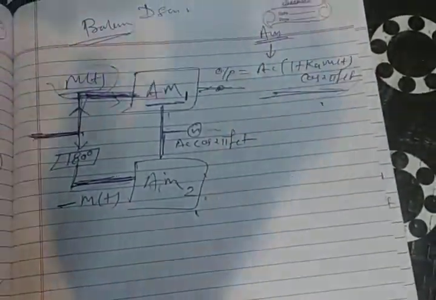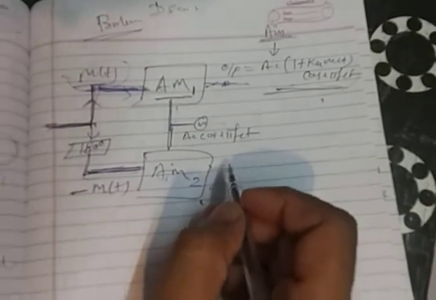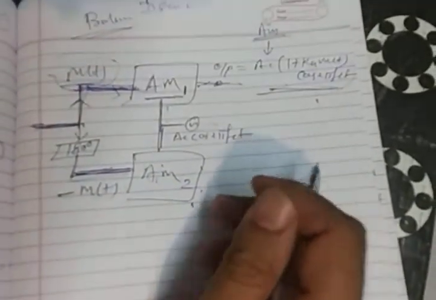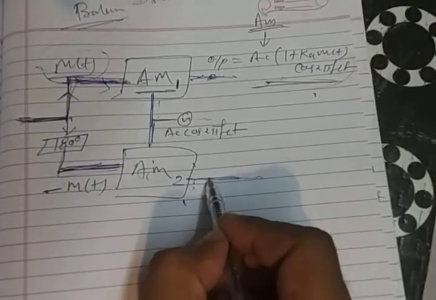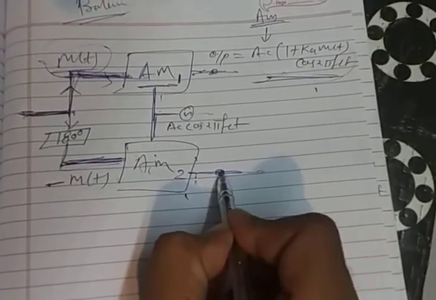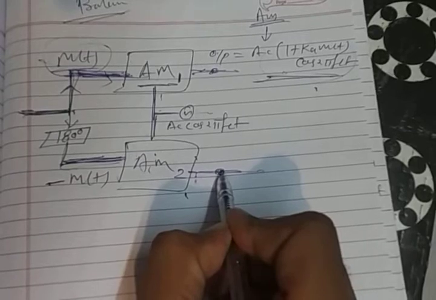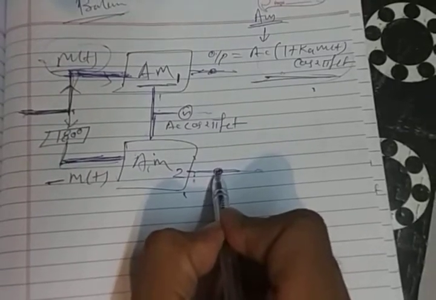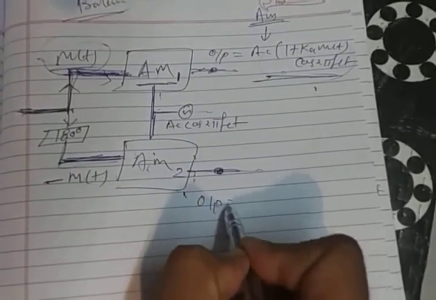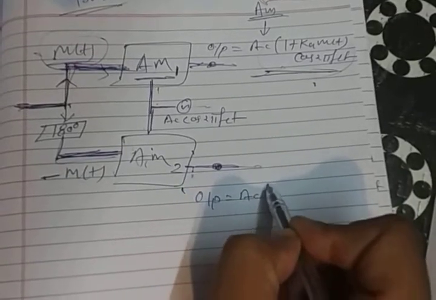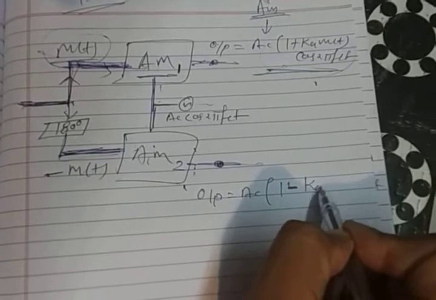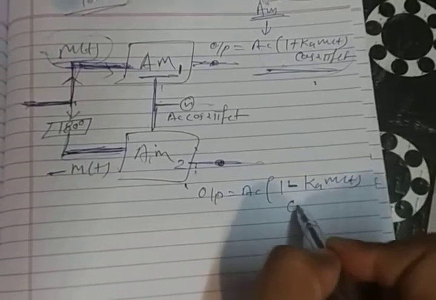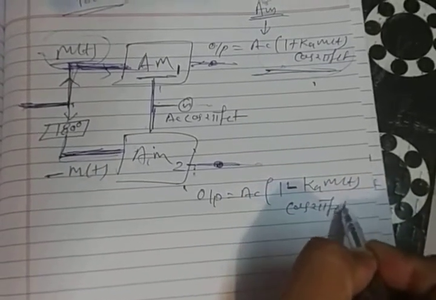So what is the output at that point? The output at this point is Ac [1 minus Ka m of t] into cos 2 pi fct.